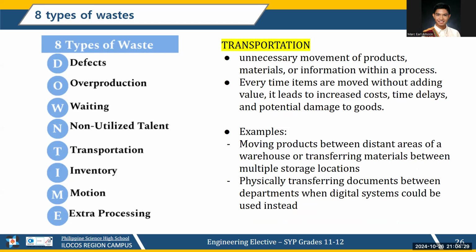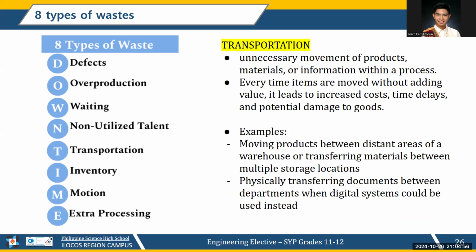T is for transportation. These are the unnecessary movements of products, materials, or information within a process. Take note, transportation is more on the movement of tangible products, materials, or even intangible objects such as data or information.